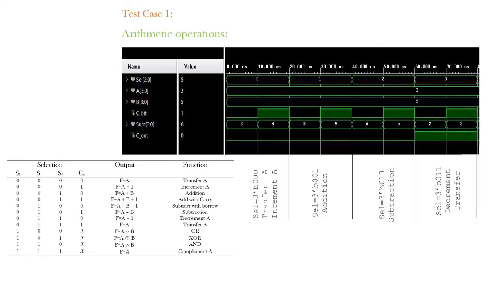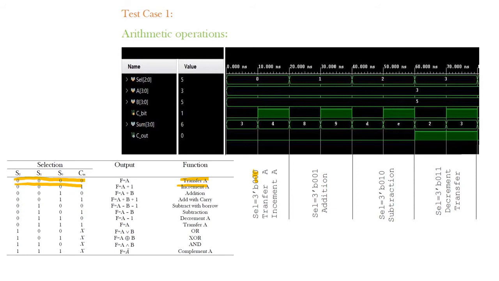In this slide, we present a test case for arithmetic operations. We can observe here from 0 to 20 nanoseconds, we have our selection line 0 0 0. If we see the function table for 0 0 0, we have either transfer of A or increment of A based on the Cin status bit.